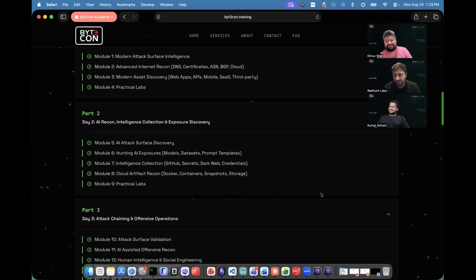Everyone is creating SaaS, of course. Even in our scans and the data collection that we do, we have seen an exponential increase of these AI applications, SaaS providers. Shubham can talk more on the type of data that we are seeing, and this training will talk about all of that in these 3 days that we have.